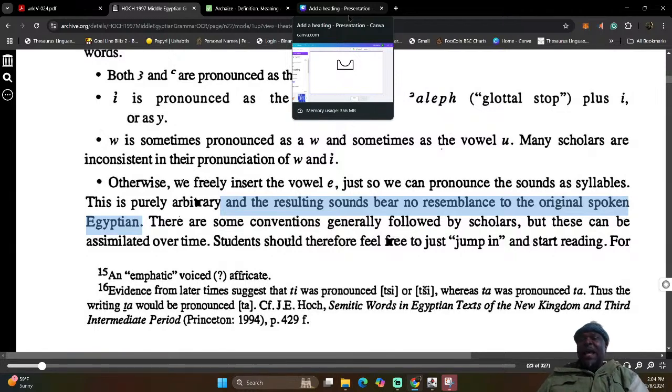The same phenomenon happened with the Hebrew language. That's why we got the two dialects. They got the Yiddish and they got the other one. Because when they was coming with it, first they had to come up with one when they didn't know the vowels. So they just made up one. But let me ask you, was it effective or ineffective? Did it work? Is it being spoken? So my new stance is, yes, that's Egyptology speak.